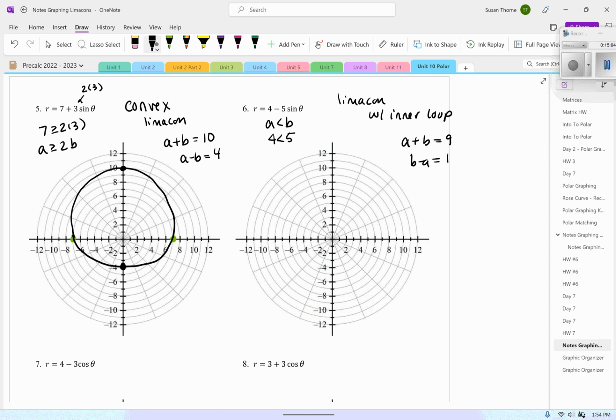And this is sine and it's negative, so that means it's going to go down. So we have 9 and 1. And then the other intercepts, which are going to be on the polar axis, are plus or minus our A, so plus or minus 4. And then we can go ahead and graph our graph. That will give us our limacon with an inner loop.